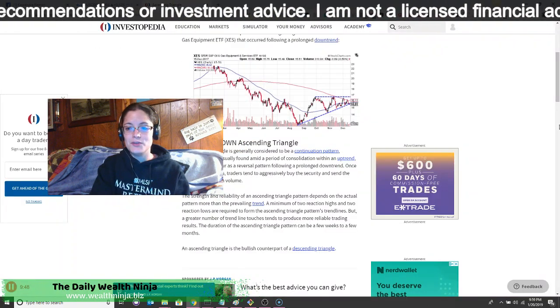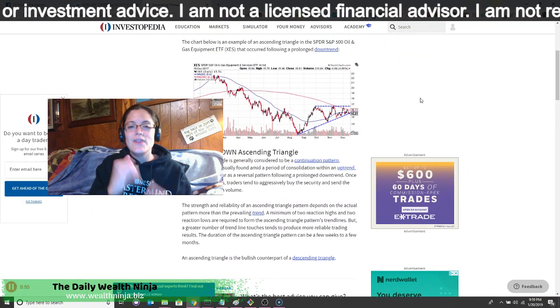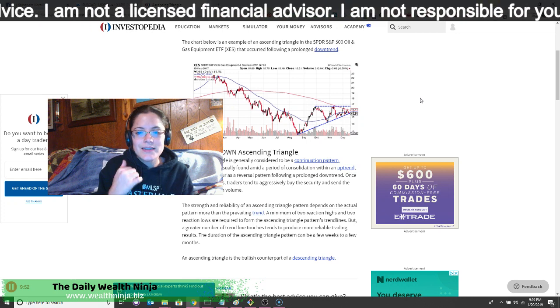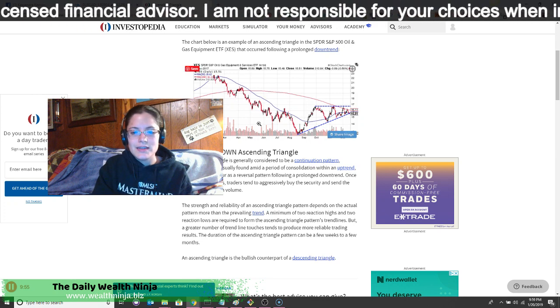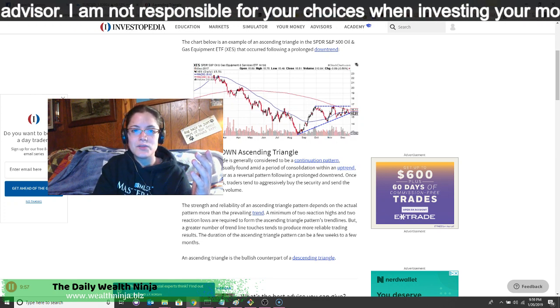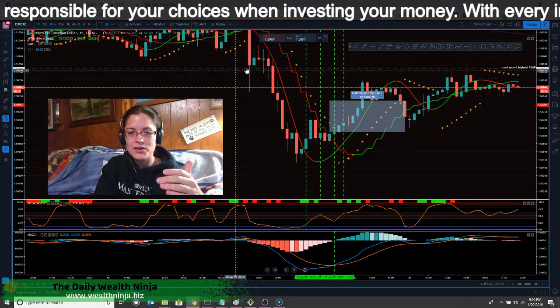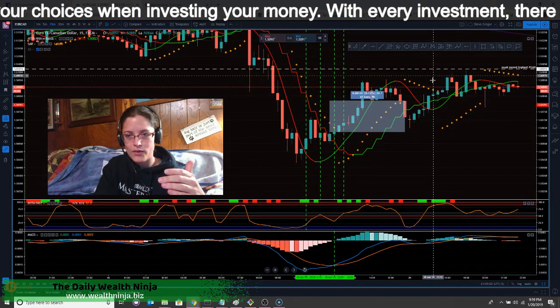Let me bring this up so that you know that I'm telling the truth. Investopedia: an ascending triangle, like you can see here, is considered a continuation pattern, which, like I said, it is.